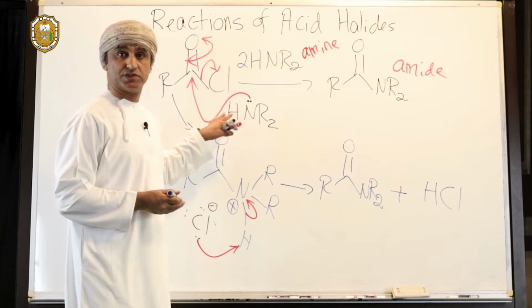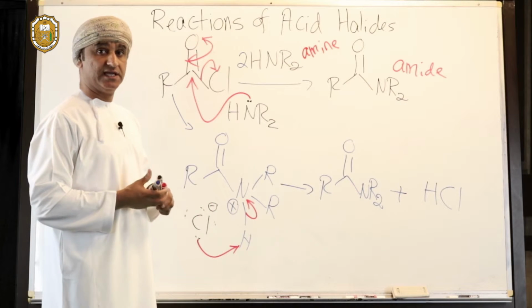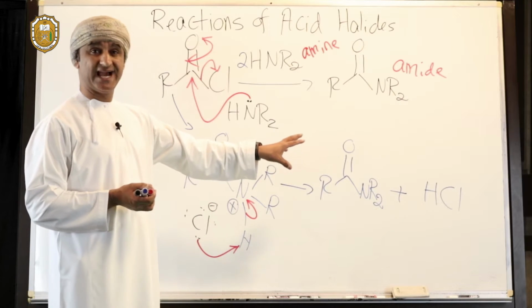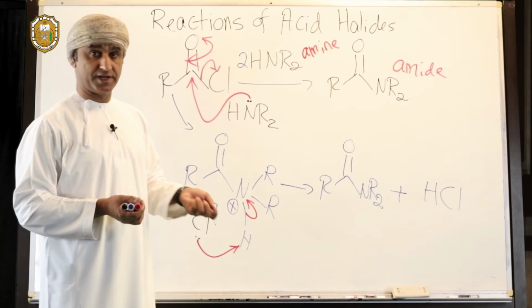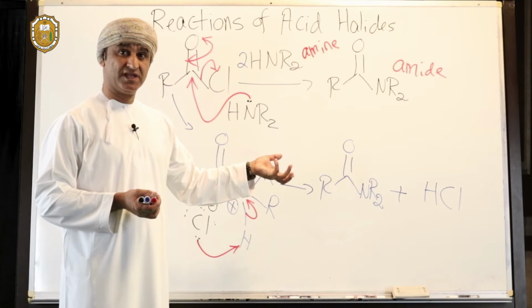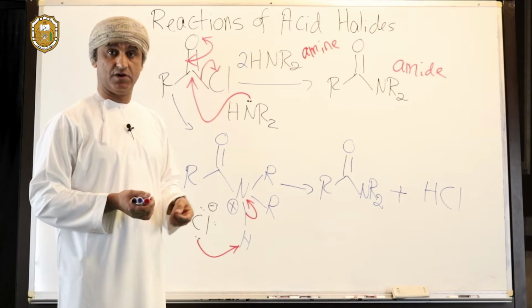So far we have used 1 mole equivalent of the amine. The second mole equivalent is needed at this stage to react with HCl, the acid that is formed as a byproduct. So this byproduct acid reacts now with another mole equivalent of an amine.